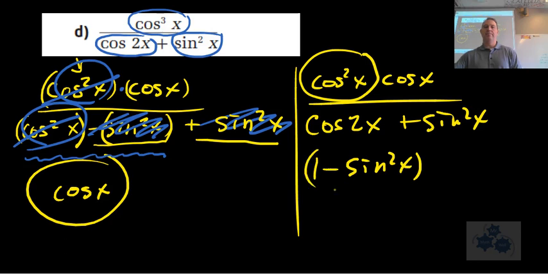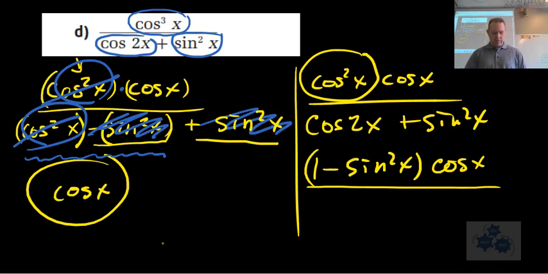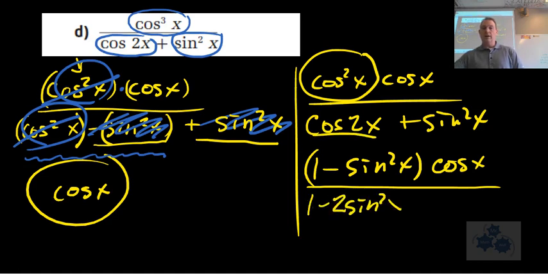Maybe you tried that. Times cos x. Okay, and then cos of 2x, is there another identity for cos of 2x? Oh yeah, there's lots. We could change this bottom one here to, let's say, 1 minus 2 sine squared x. You see that?